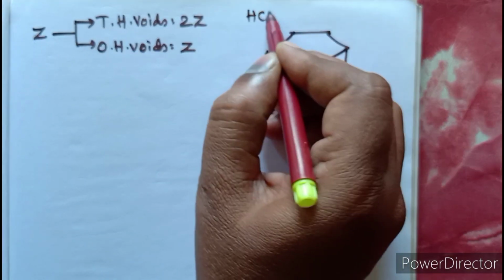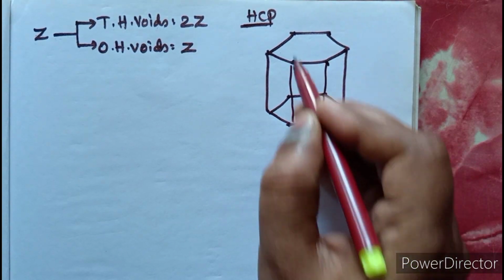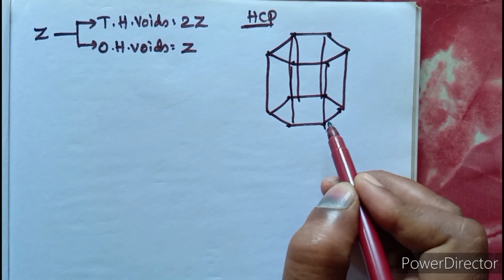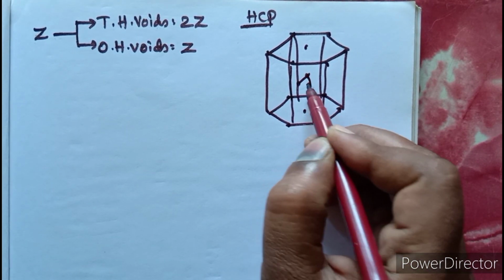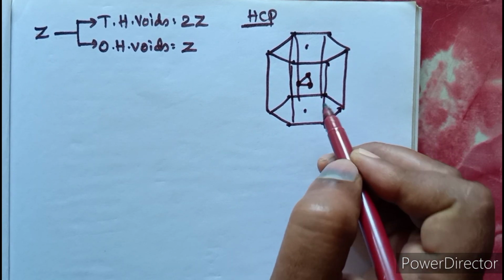Come to this HCP structure. This structure looks like this. The arrangement of atoms at the respective lattice points is like this.